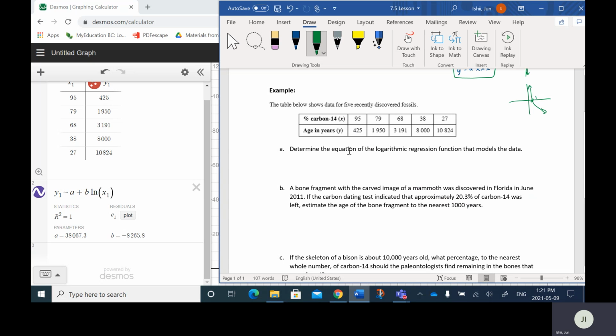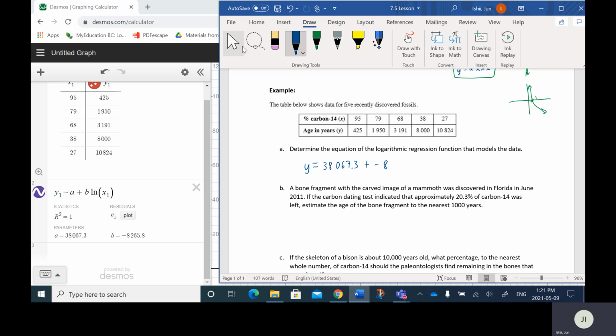So to answer this question, determine the equation of the logarithmic regression function that models the data. Let's just write this one in. This is going to be y equals. My a parameter was 38,067.3 plus, my b was negative 8265.8.